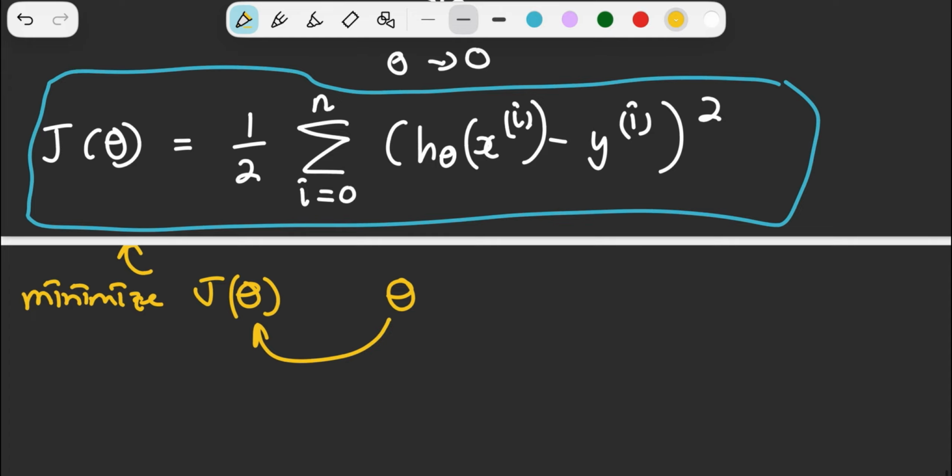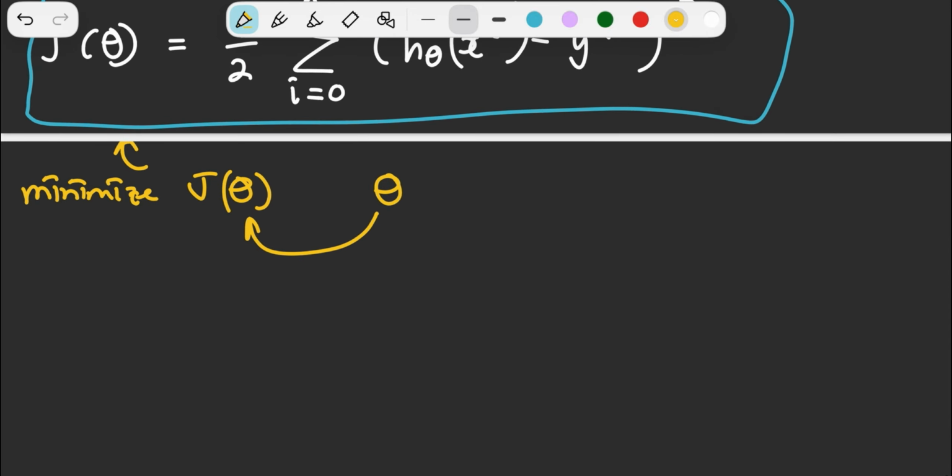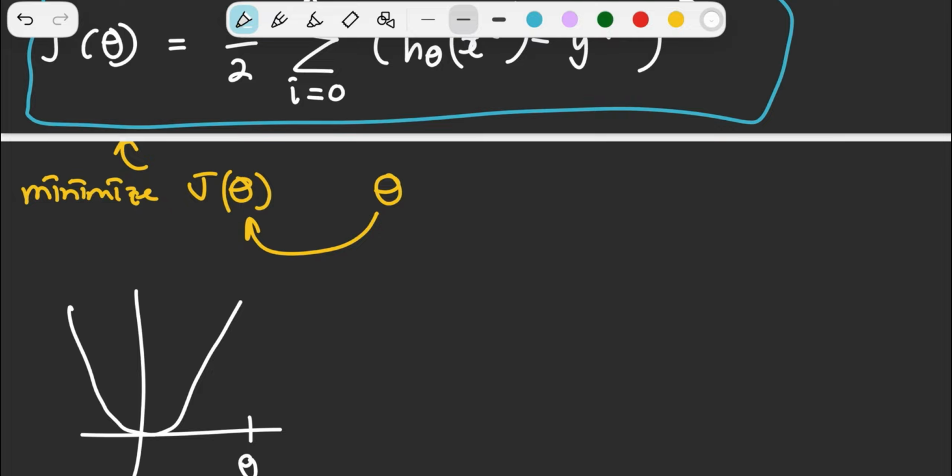If you want to find those values, you can see that there's a square over here. So we know that J of theta is a squared graph, something like this, and we can start with any guess value of theta that we want. So we can start here at theta equals 5. If you look for the gradient at that point and start following it, if the gradient is positive, we move in the opposite direction.